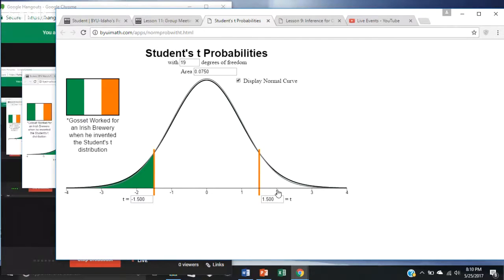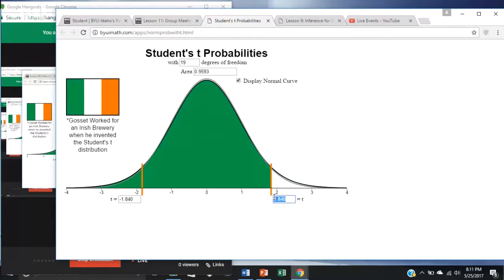On your applet you have it at 1.5, but I have mine at 1.843. That's because I used an old t-score that we found. Dang it. It's all good.